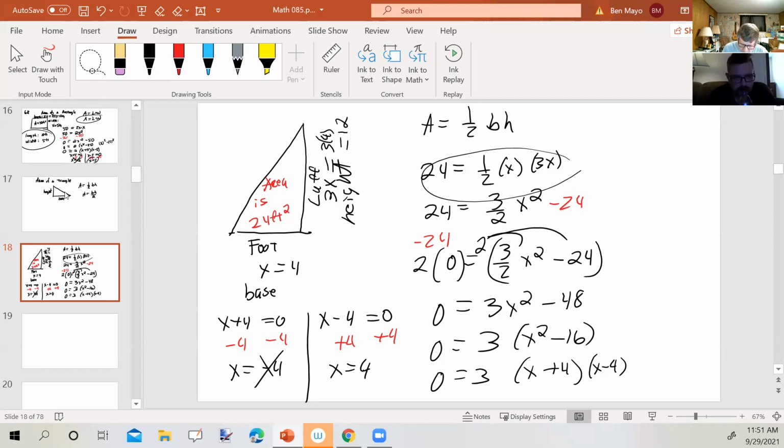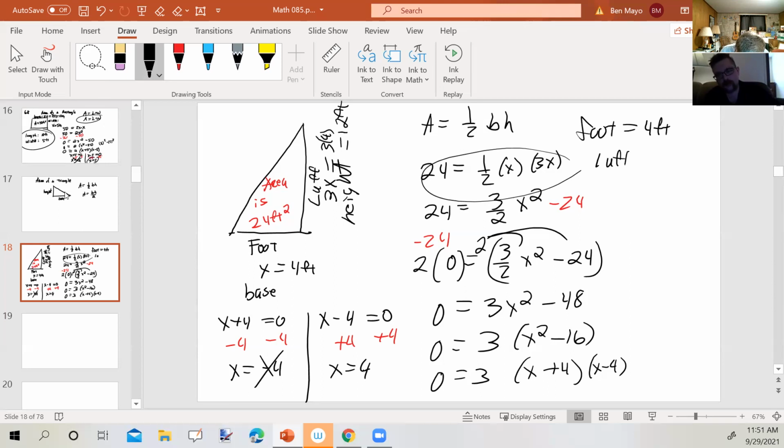What are the units? Feet or square feet. So let's see. The foot is 4 feet and the loof is 12 feet. So foot equals 4 feet, loof equals 12 feet, and there are your 2 answers to that problem. Any questions about that one? Okay.